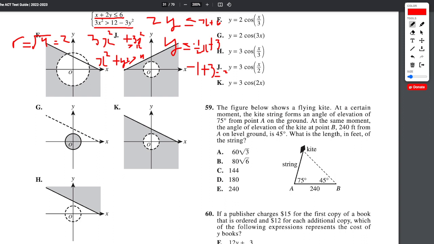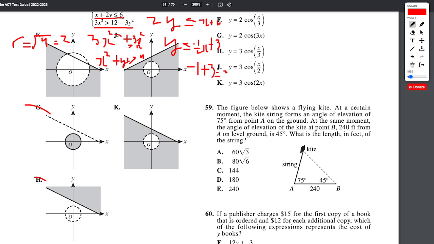We want to look for a line for our normal linear equation with a -1/2 slope going down, and it's a solid line. Eliminate G, eliminate J. This one is shaded on the top. We do not need that. Eliminate that one. So we're down to what, F or K?